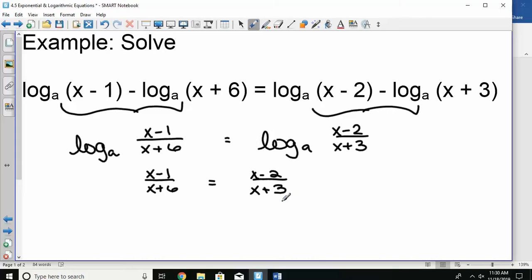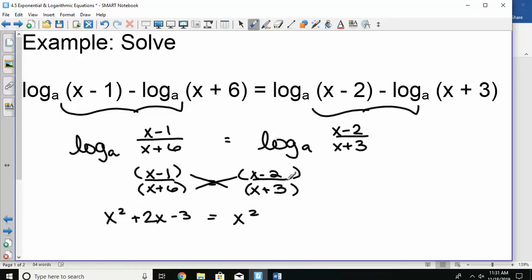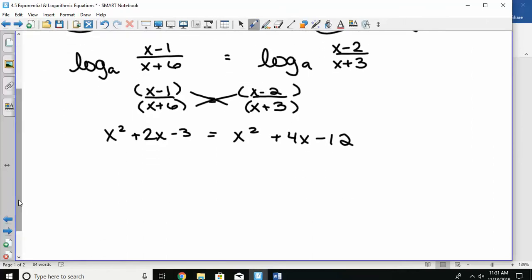How would you go about solving this? So if I multiply these, you will have to FOIL. You get x squared plus 3x and minus x would be plus 2x minus 3. If I FOIL these, I get x squared minus 2x and plus 6x. Positive 4x minus 12.